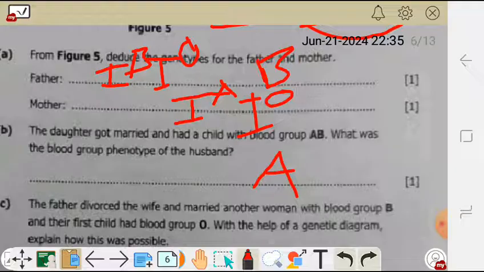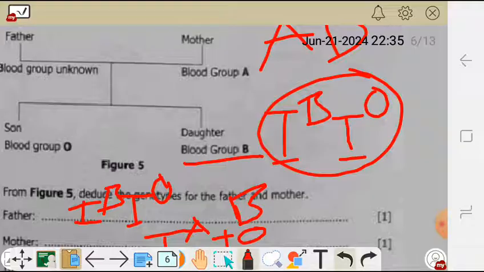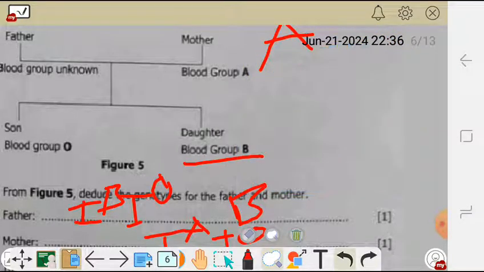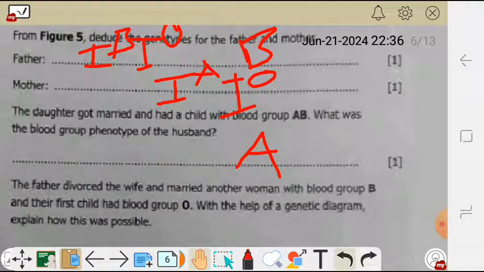The child, which is AB, is going to get the B from the mother, which we have seen this daughter has, then get A from the father to make them AB. So that's how we have arrived at that answer. Apart from A, even AB is also possible. If the father has blood group AB, then he can donate this A to the child.